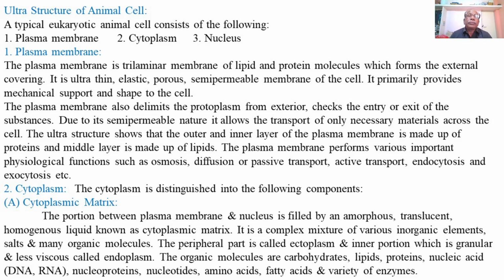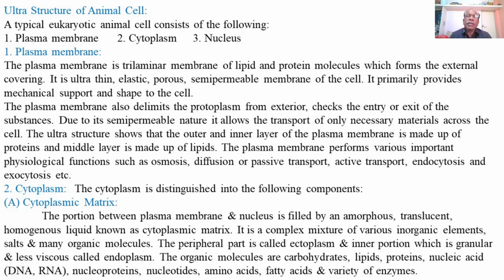So, the plasma membrane forms the protective covering of the cell. It is a trilaminar or three-layered membrane composed of lipids and protein molecules. It is an ultra thin, elastic, porous, semi-permeable membrane of the cell and it primarily provides mechanical support to the cell and maintains the shape of the cell.